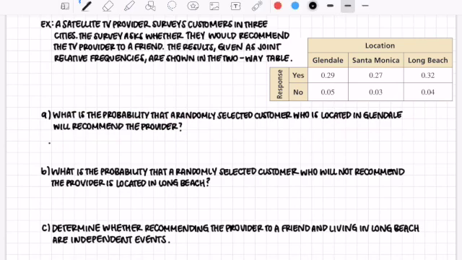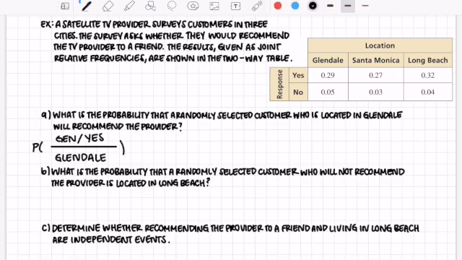So again, the bottom of my fraction will always be the generalized survey, or the group that I'm looking at, which is Glendale. Then the top is always going to be giving me more specifics. So from Glendale, which people said yes, they would recommend the TV provider. And that's the probability that I want to be looking for right here.